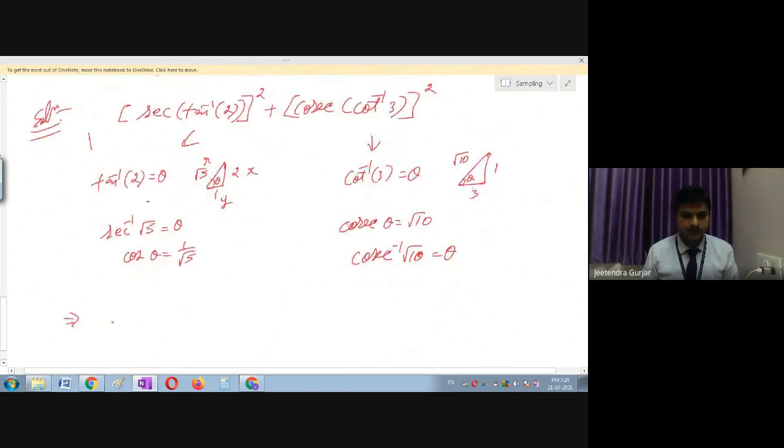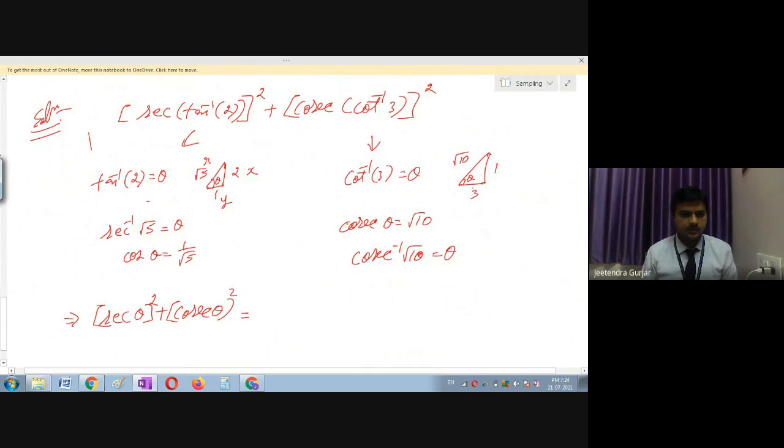That implies sec. So tan inverse 2, I have taken this as theta, square, right? Just have substituted the value. So here also cosec cot inverse 3, I have taken here theta. So make the square and just simplify.